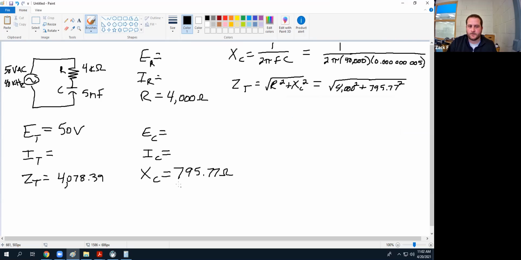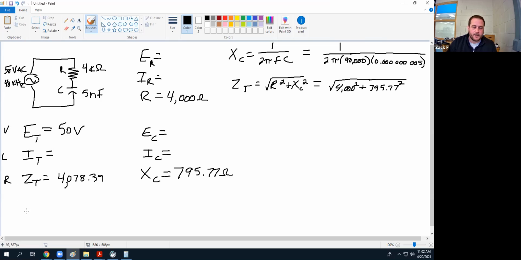Cool. Now what can we solve for? Corey, you said it earlier. With what formula? We have voltage and resistance. It's Ohm's law, right? Because this is a voltage, this is a current, this is a resistance.